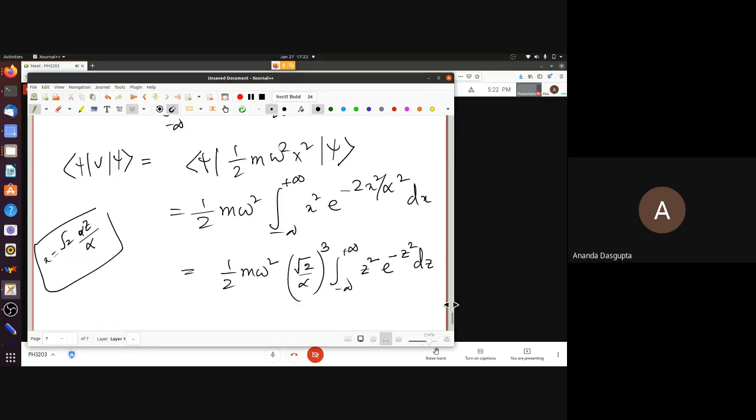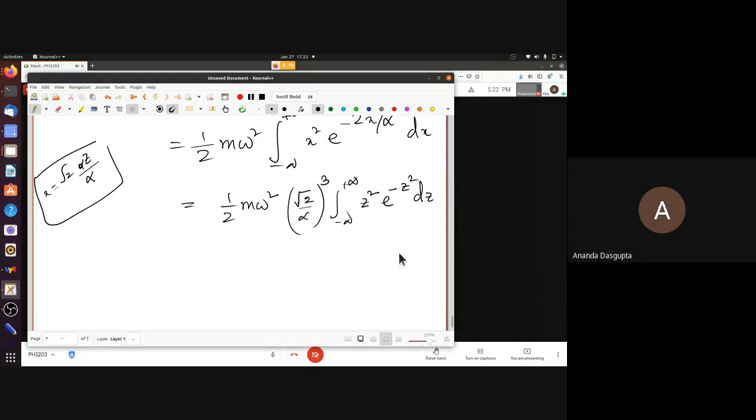The only thing left is to calculate what this integral is. How much is this integral? Root pi by 2. So you are saying this integral is root pi by 2.